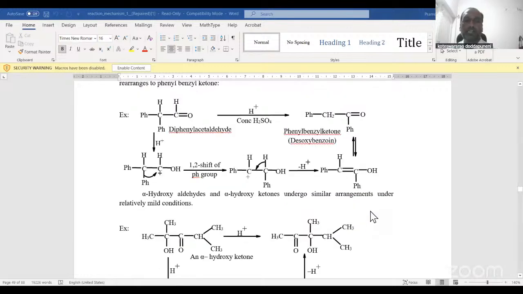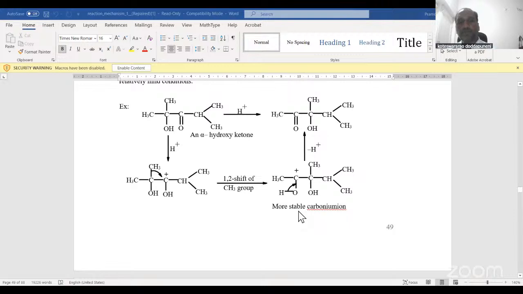Alpha hydroxy aldehydes and alpha hydroxy ketones undergo similar rearrangement under relatively mild conditions.